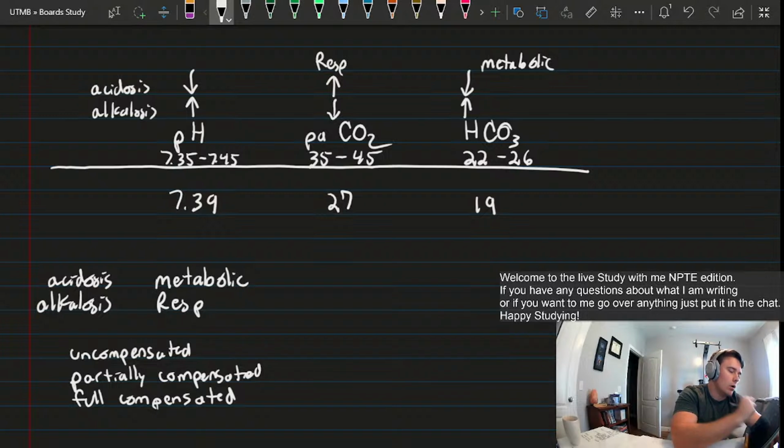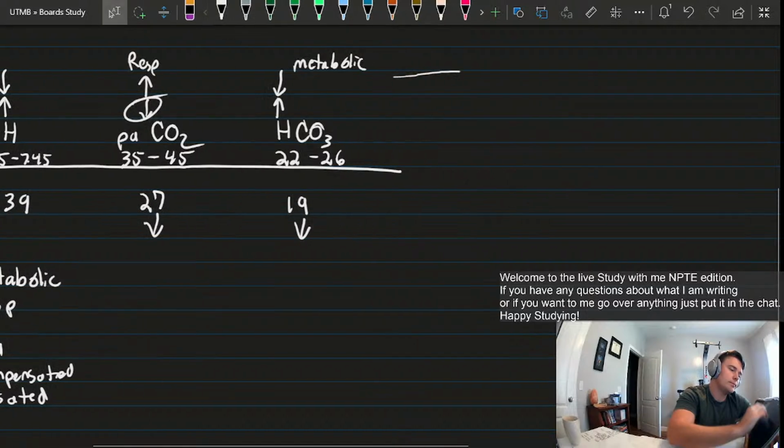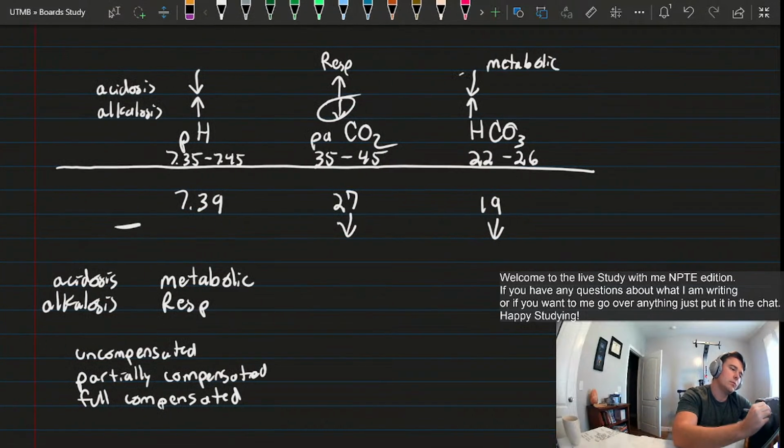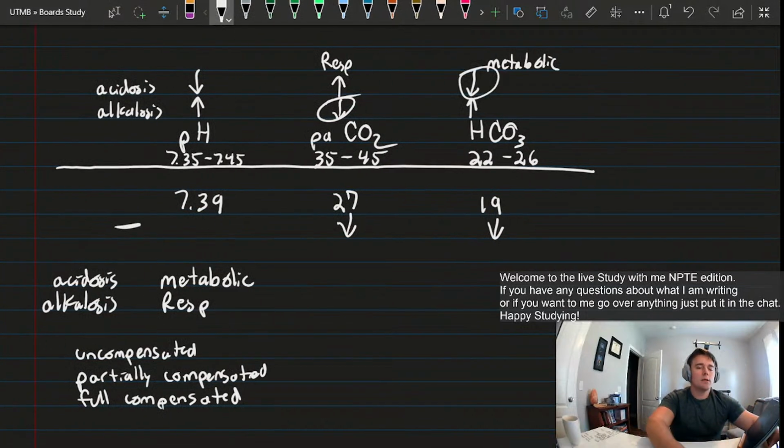Okay, so this one is within our range, so we're going to leave this alone for now. I just put a line there. So 27 is low, 19 is low. So you go up here, low and low. With this, you've got 7.39. I tend to think of 7.40 being the perfect pH. It's right in the middle of this range.